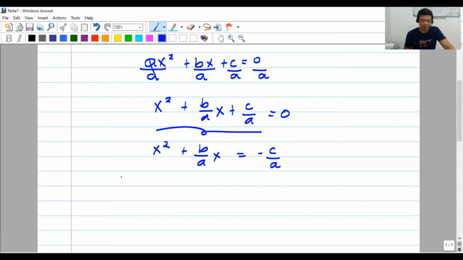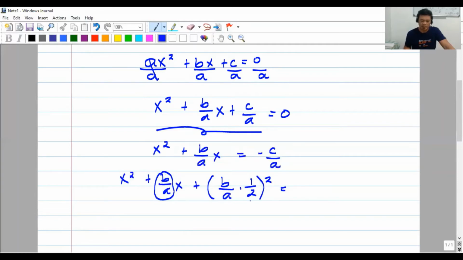We have x squared plus b over a times x plus, okay? As a rule in completing the square, we consider the numerical coefficient of the middle term, multiply it by 1/2 and square the result. So we have b over a, multiplied by 1/2 and squared.